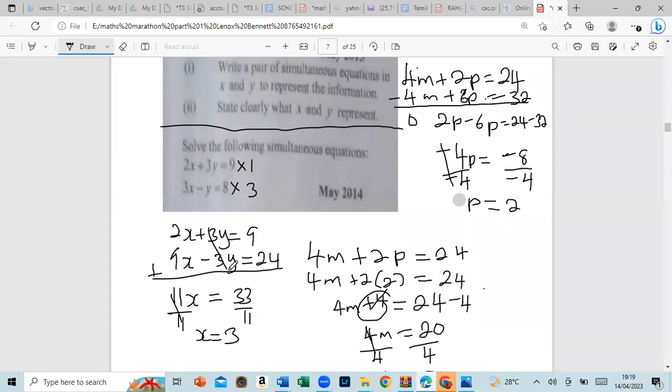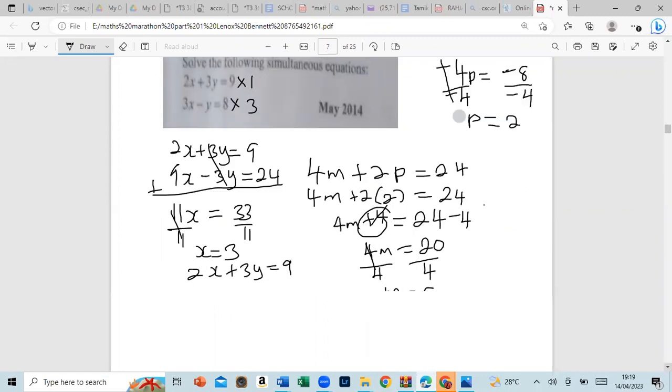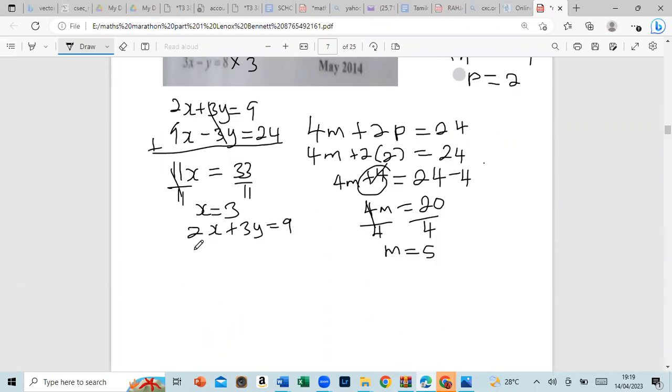All right, and then now we can use any one equation. I could use the first one, which is 2x plus 3y equals 9. Since we know the value of x, we just substitute it in the equation, right? So x is 3.